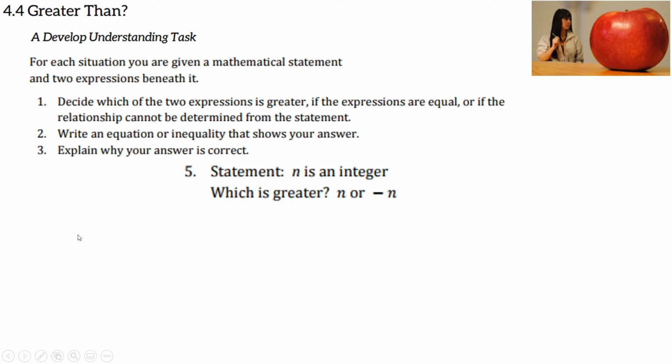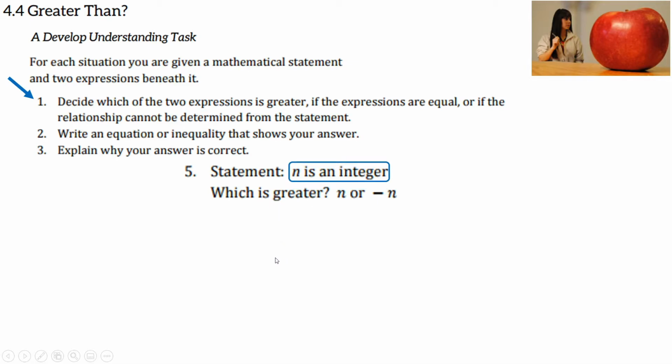Okay, number 5. N is an integer. So we're back to our sets of numbers where you need to know your set of integers, your set of natural numbers, your set of whole numbers, and so on. Now the set of integers, let's take a look at what that looks like.